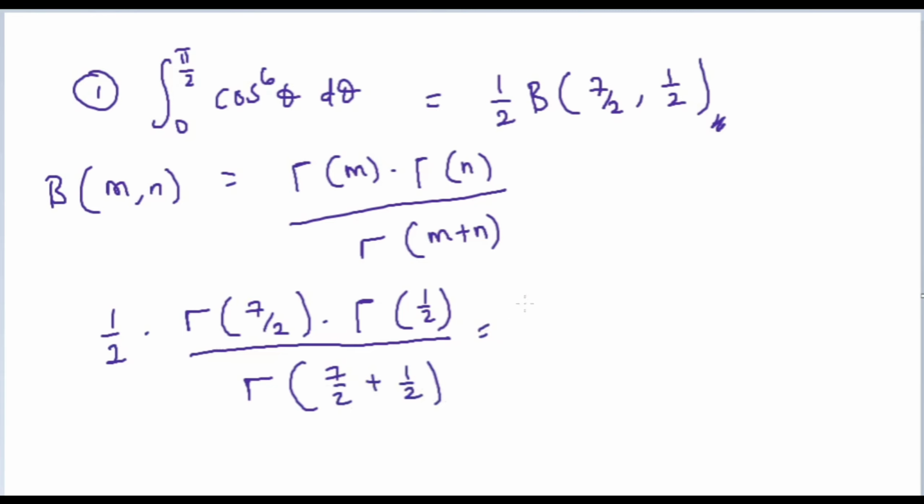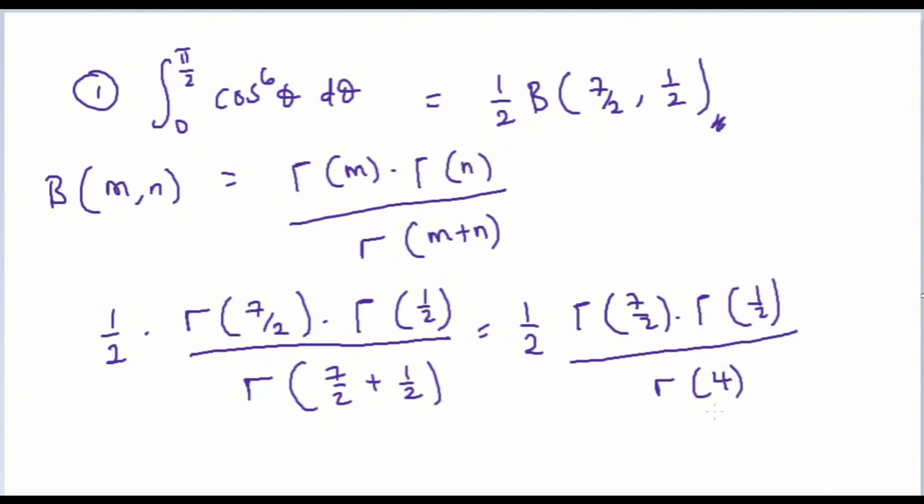So this is 1 over 2 times the gamma of 7 over 2 times the gamma of 1 over 2 over, now this one is going to give me 8 over 2, which is 4. So that is literally gamma of 4.